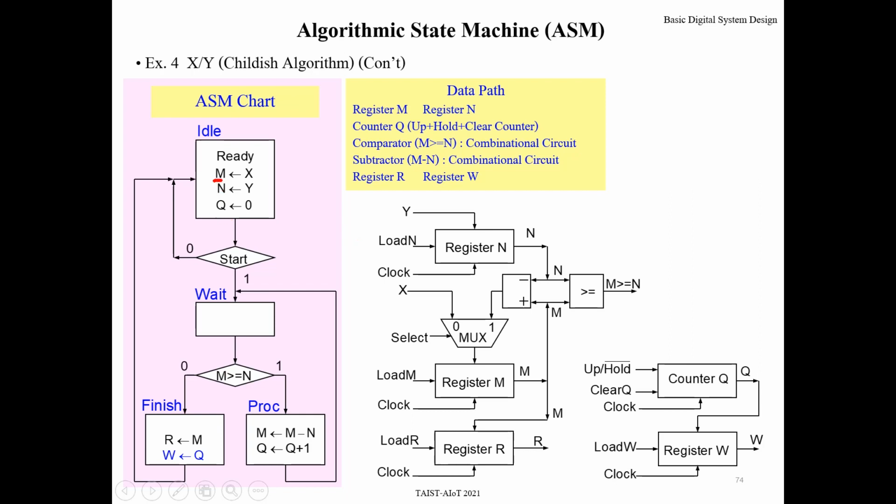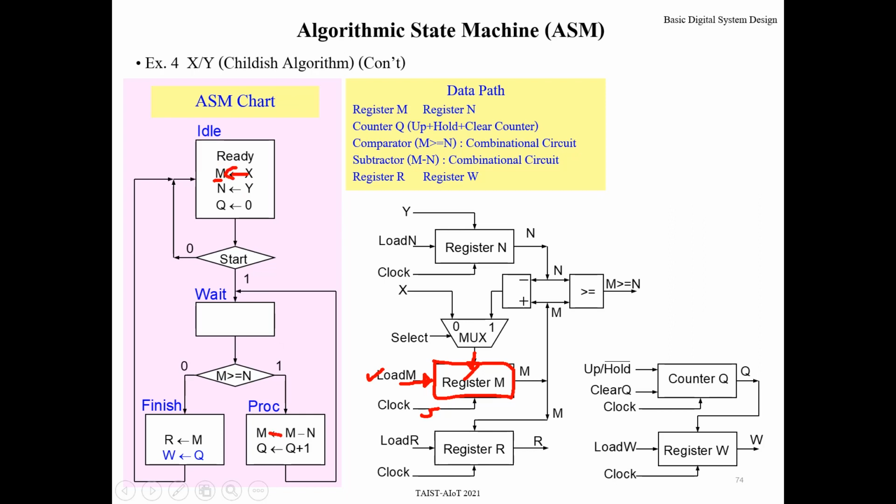And for m, register m. Again, have control, load enable input load m. When clock tick, if load m active, we load data from what? In this state, load data from x.